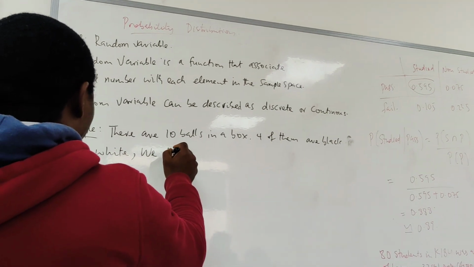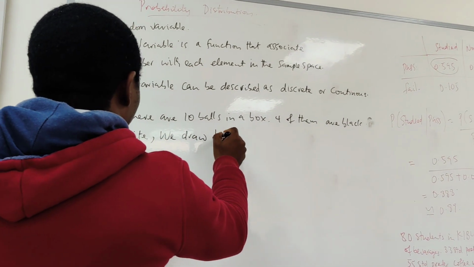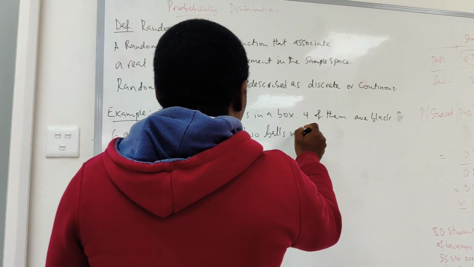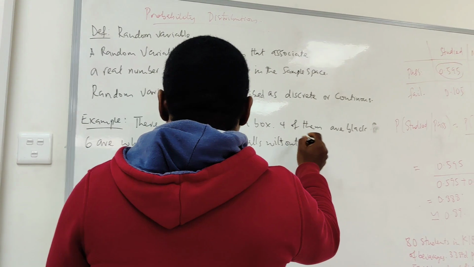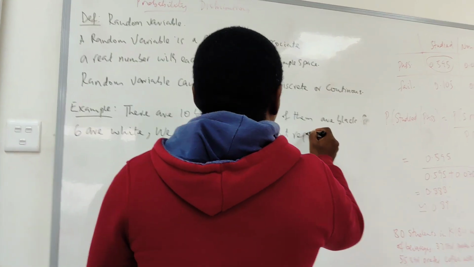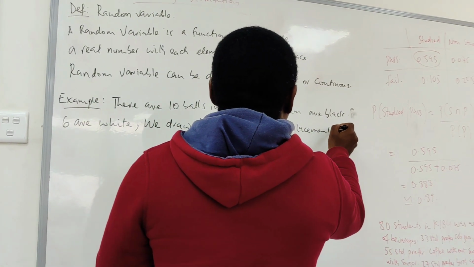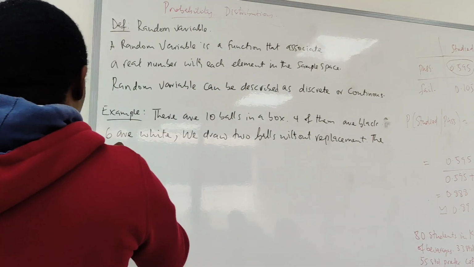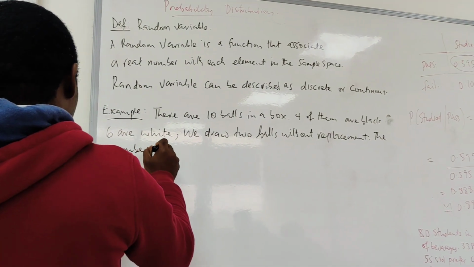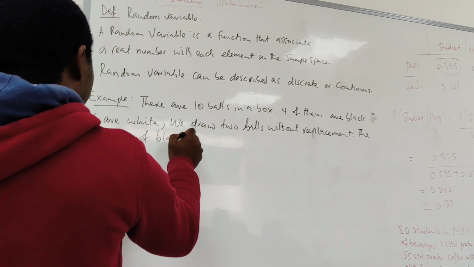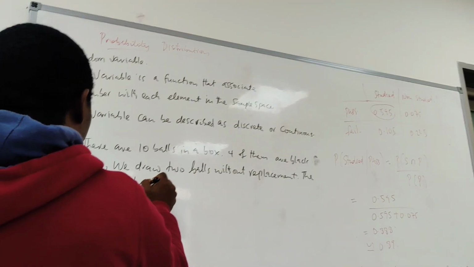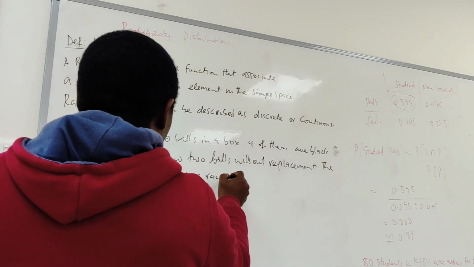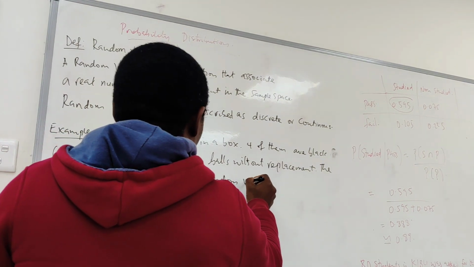We draw 2 balls without replacement. The number of black balls is a random variable.